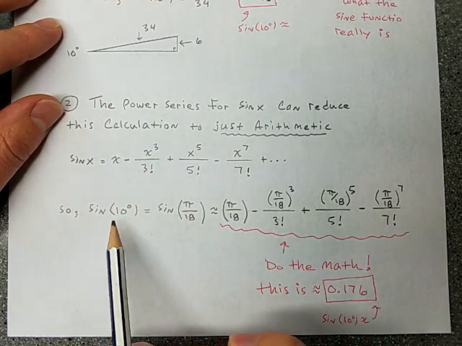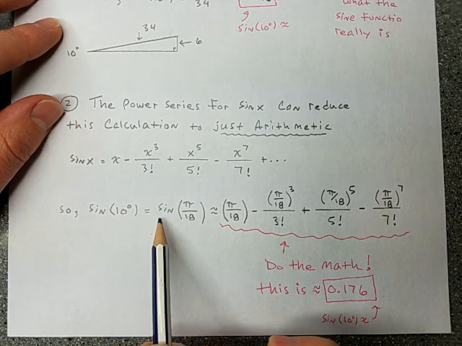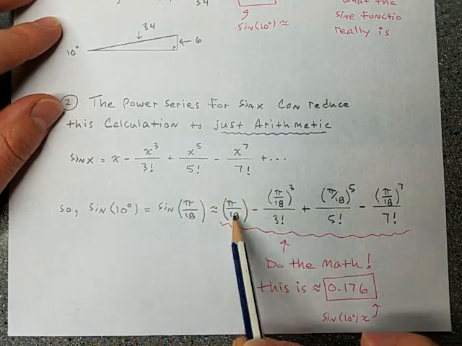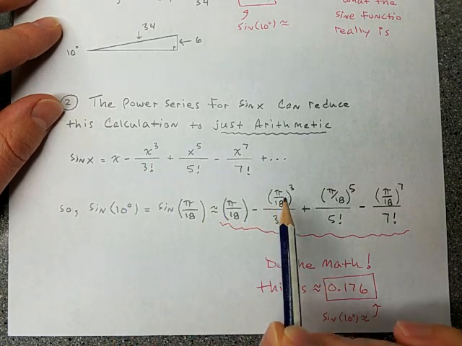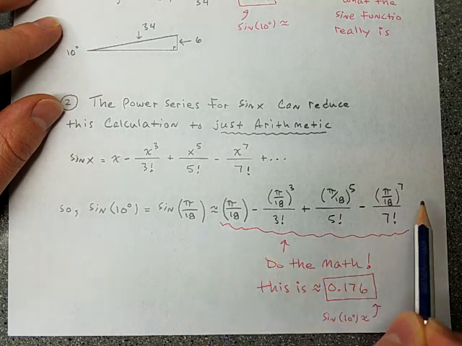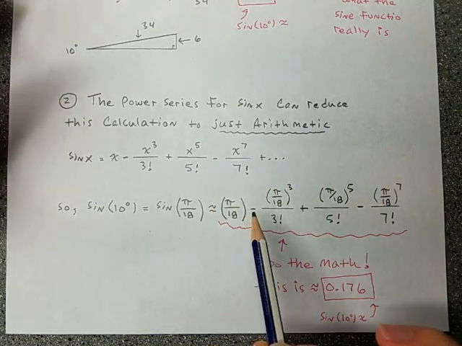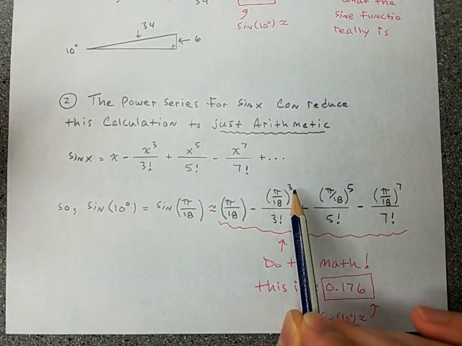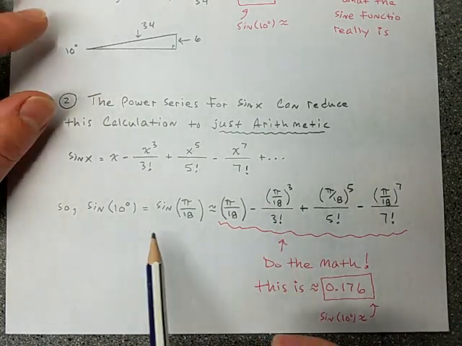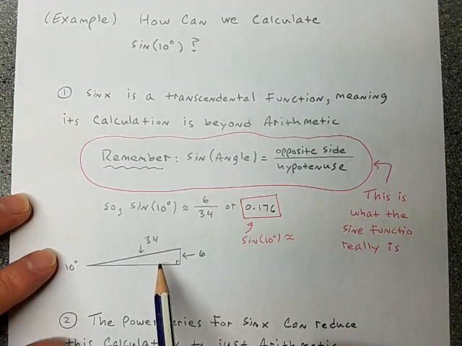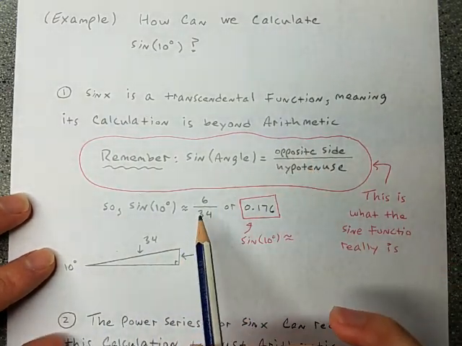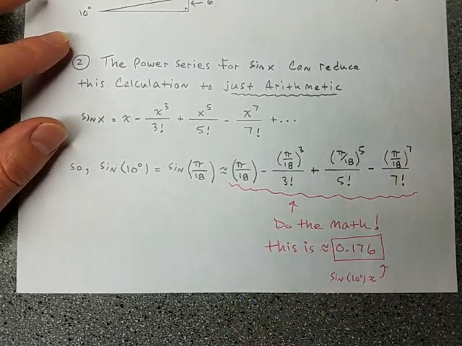So sine of 10 degrees is sine of pi over 18 radians. According to this, that should be pi over 18 minus pi over 18 third power over 3 factorial. And all of that's just arithmetic. This is all just subtracting, adding, multiplying, and dividing. It reduces this procedure of sketching a triangle, measuring the sides, and dividing them to just arithmetic.